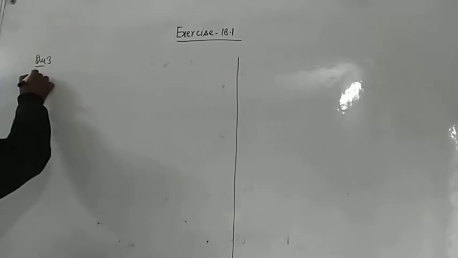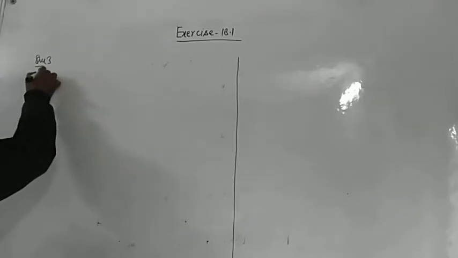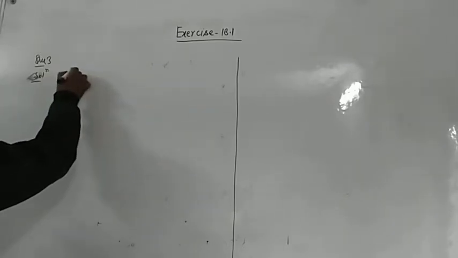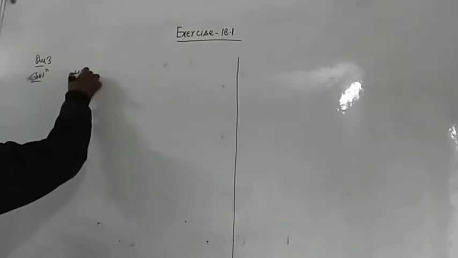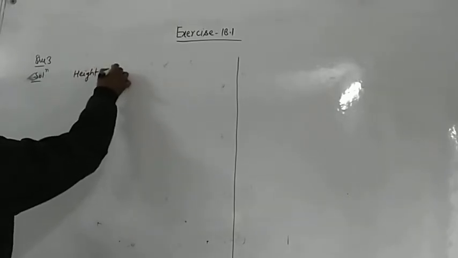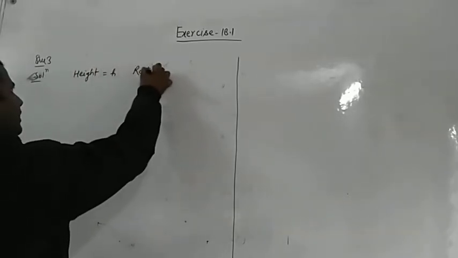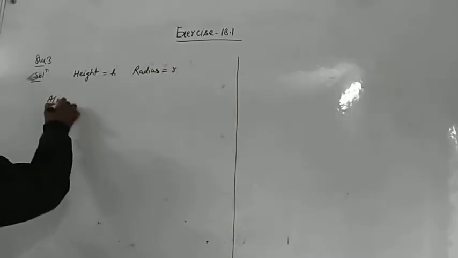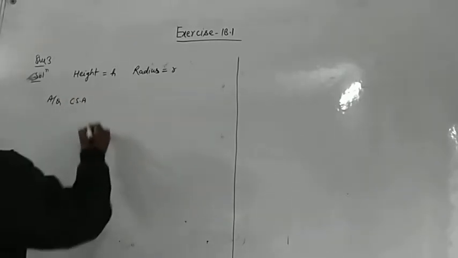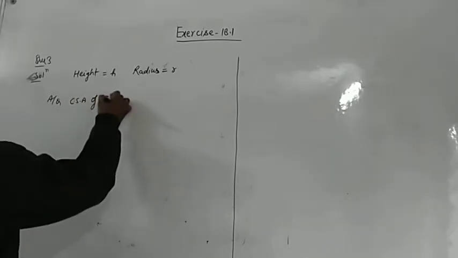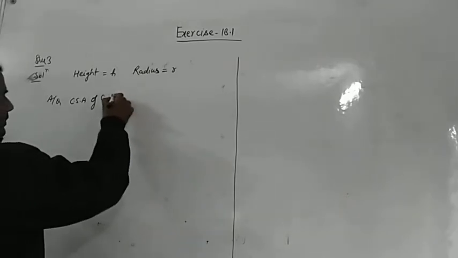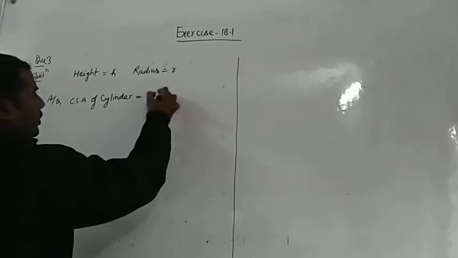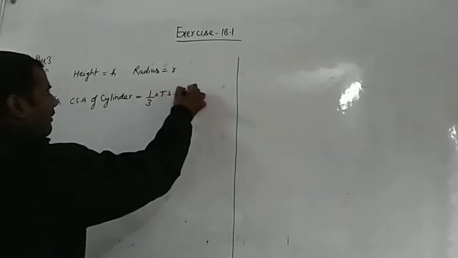So given, solution: height is equal to h and radius is equal to r. Given according to question, curved surface area of cylinder is equal to 1/3 of total surface area of cylinder.